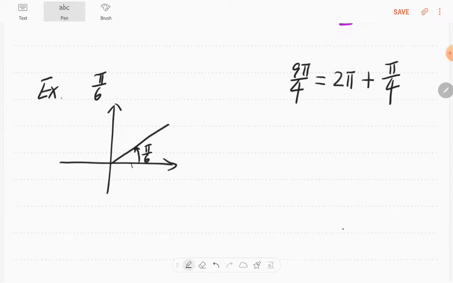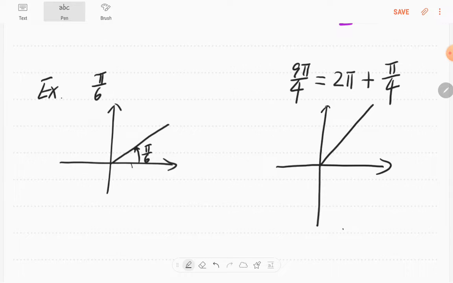That means 9 pi over 4 and pi over 4 are coterminal angles, right? So pi over 4 is half of 1/4, which is here. This is pi over 4.